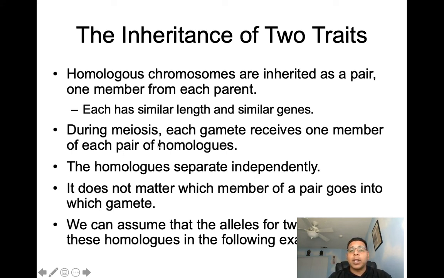During meiosis, each gamete is going to receive one member of each pair of homologs. Now, the homologs are going to separate independently. It does not matter which member of a pair goes into which gamete. Now, last here, we can assume that the alleles for the 2 genes are on these homologs in the following examples that we're going to go through and check out.